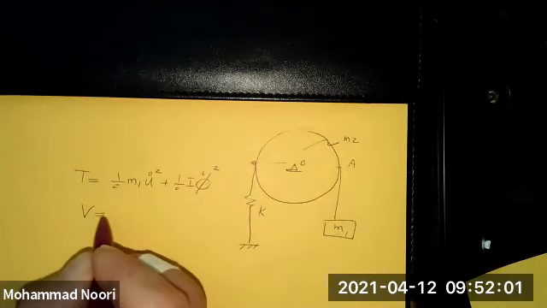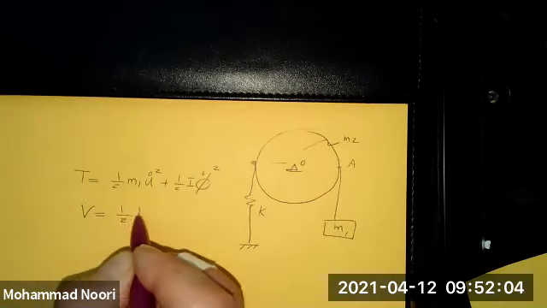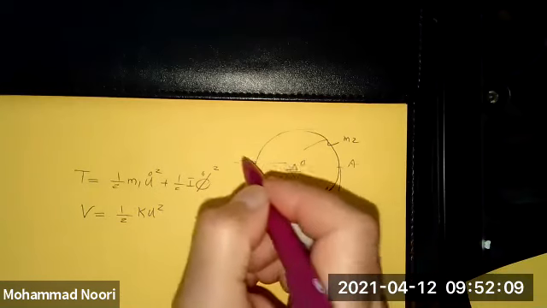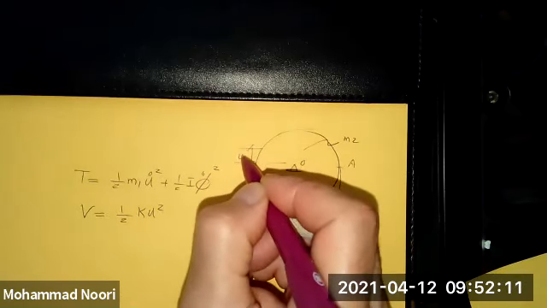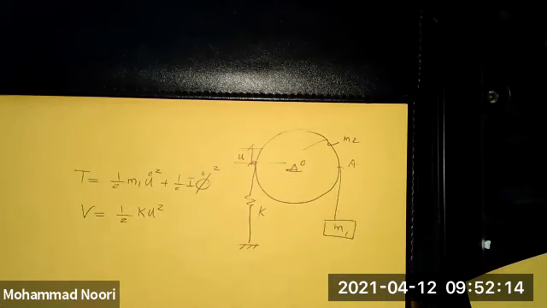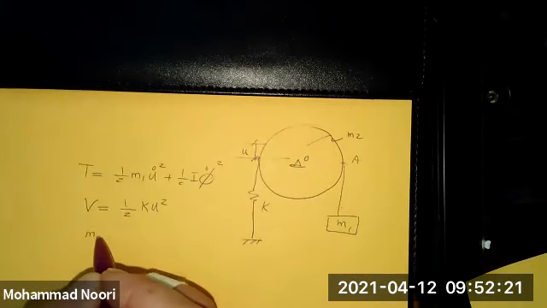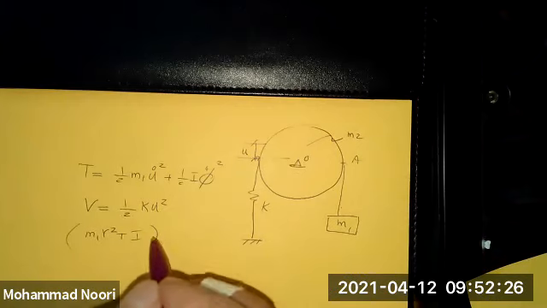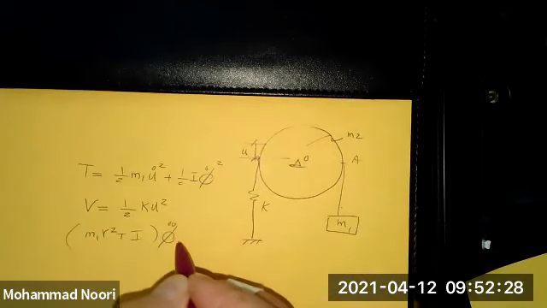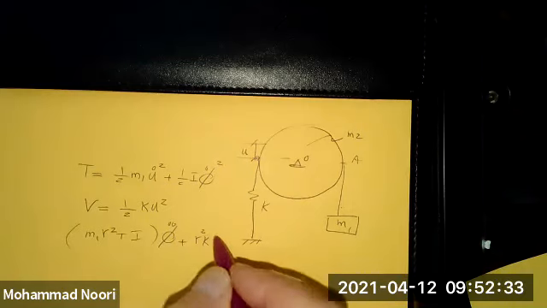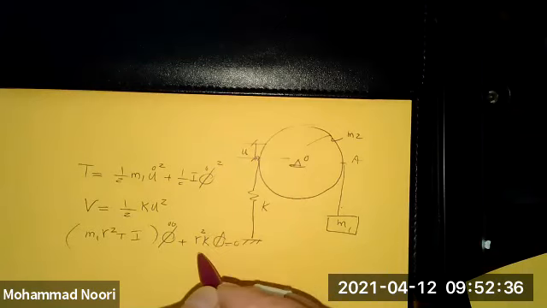But potential energy in this case is 1/2 k u squared, because whatever displacement A experiences, this spring would experience. So the problem takes a simpler form and becomes m1 r squared plus I times phi double dot plus k r squared phi is equal to 0.